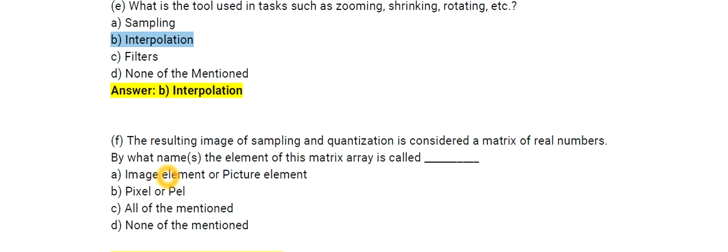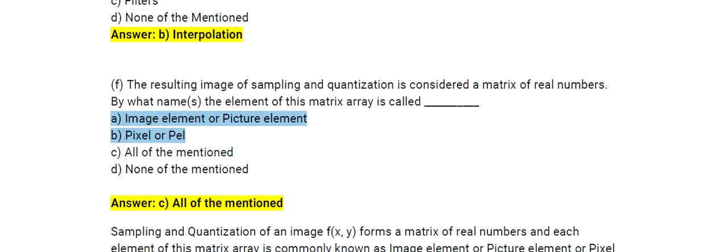During the discussion of this, I told you that pixel is also known as PEL, P-E-L, picture element. PEL stands for picture element, and of course that is the image element. So both options A and B are correct. So the answer will be C. Every element is a PEL or picture element, that is also known as pixel.